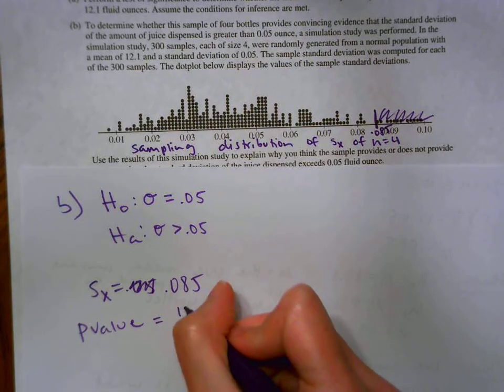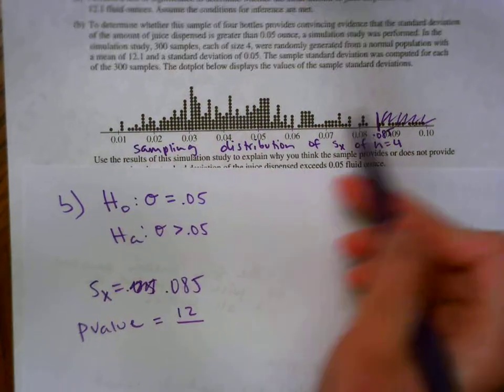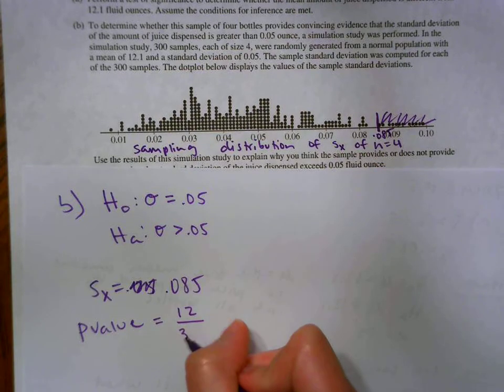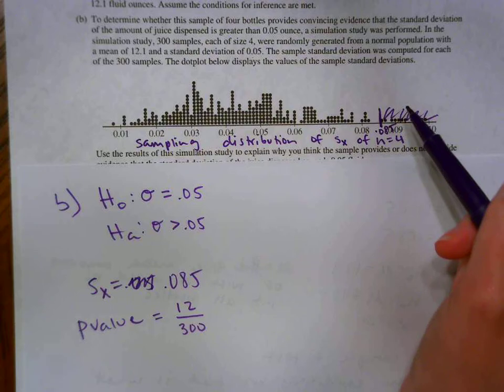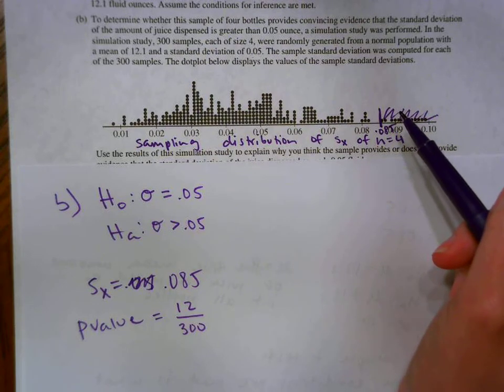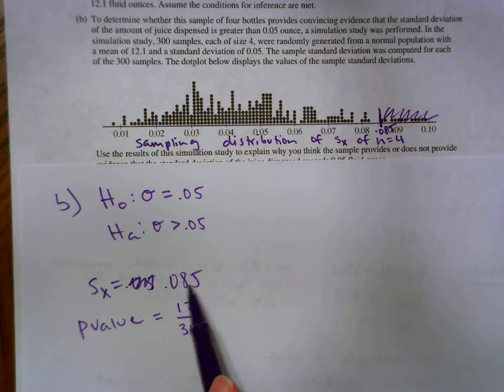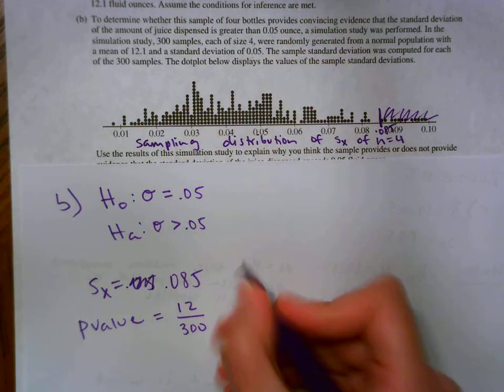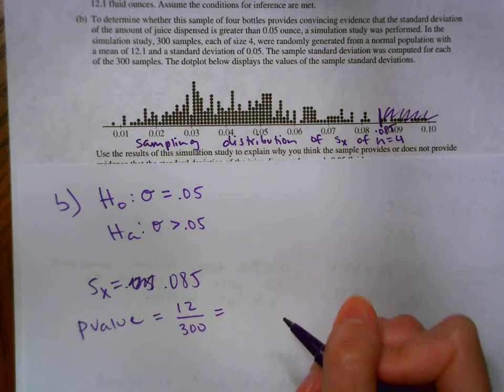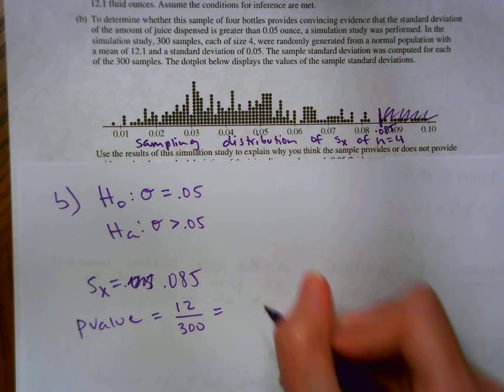Yes. So 12 out of the 300 different samples they took had a sample standard deviation greater than ours. So what's the likelihood of getting our sample result or something more extreme? 12 out of 300, which as a decimal is 0.04.